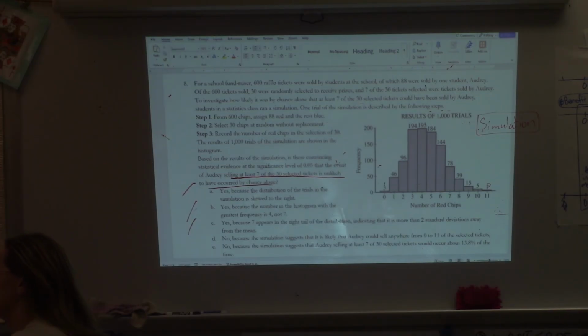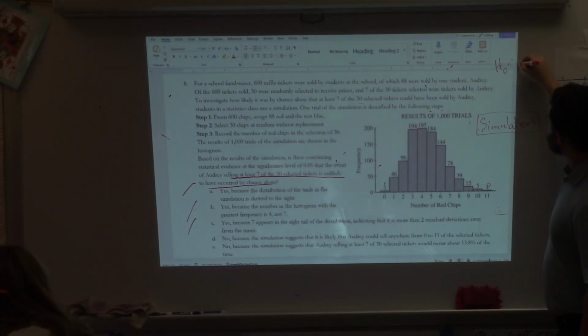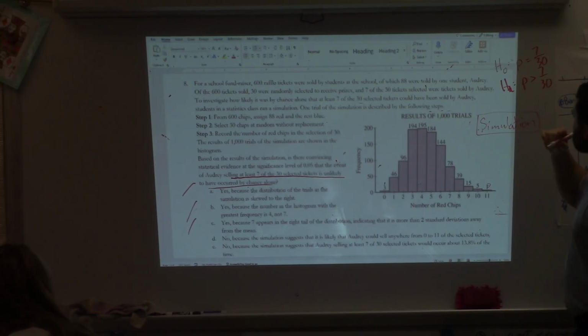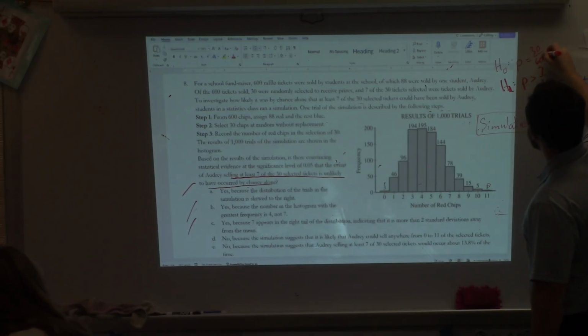Can anyone tell me why, looking at that simulation, you can't actually do a hypothesis test? Notice she sold 7 of the 30 tickets, but the null is 30 out of 600, because in all reality, that's how many she should have sold.